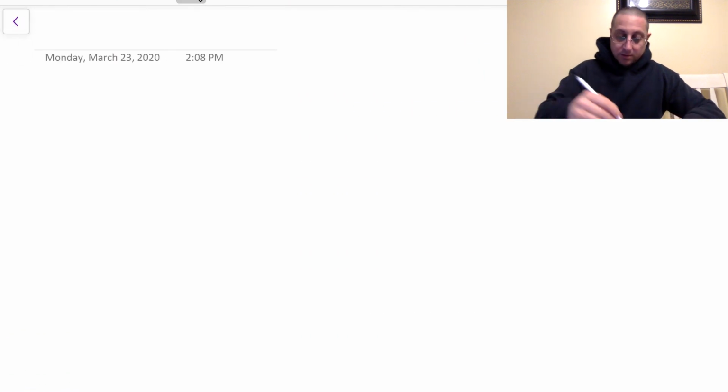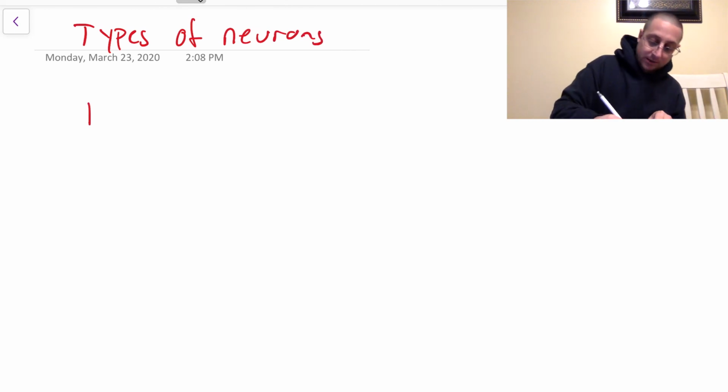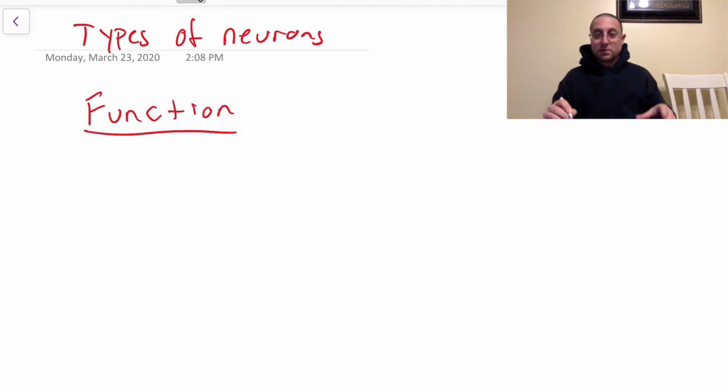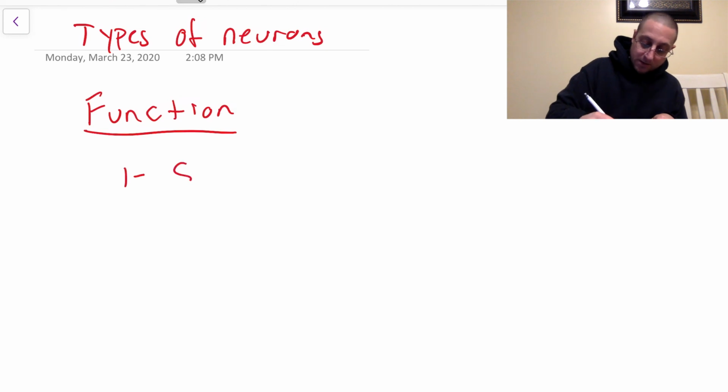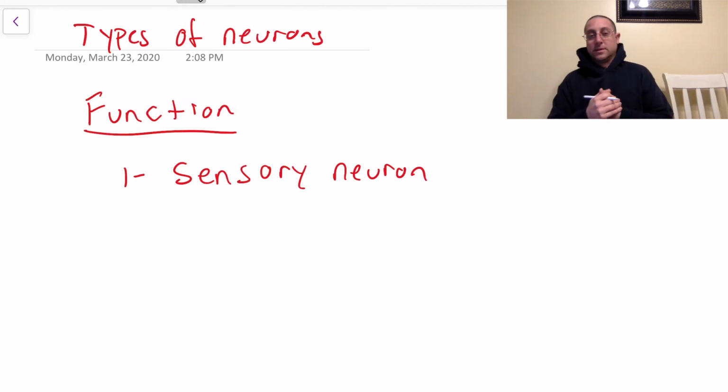We are going to be doing the types of neurons. All right, so we'll start functionally. There's three different types of neurons. We have sensory neurons, and that's going to be part of your afferent nervous system.